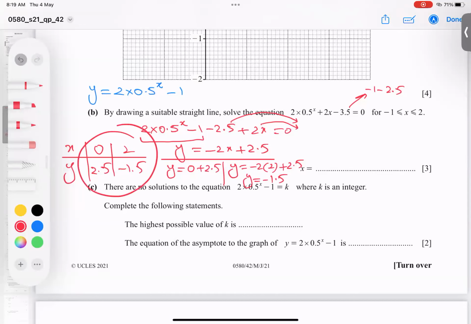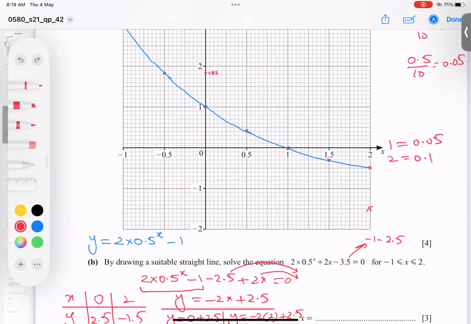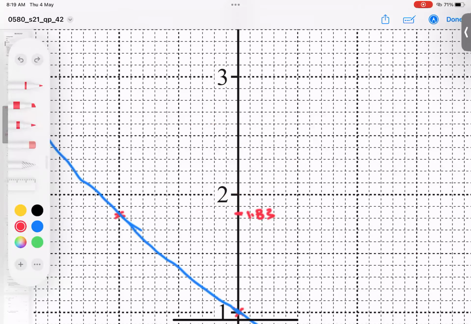These two values I'm going to plot. Where is this 2? Here. -1.5 is here. -2 from here, -1.5 from here. So this is a meeting point. Afterwards, I will go for the next part. X is 0, y is 2.5. 2.5 is in the middle here.